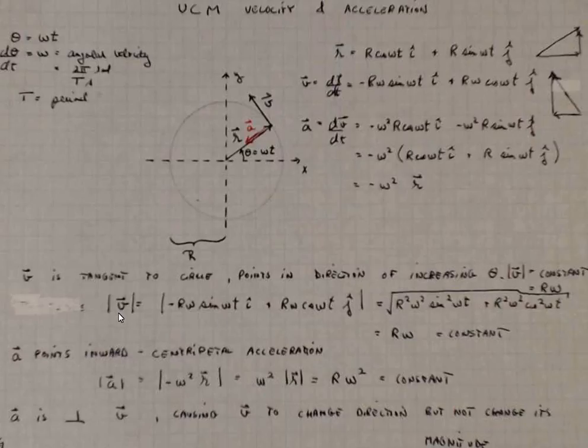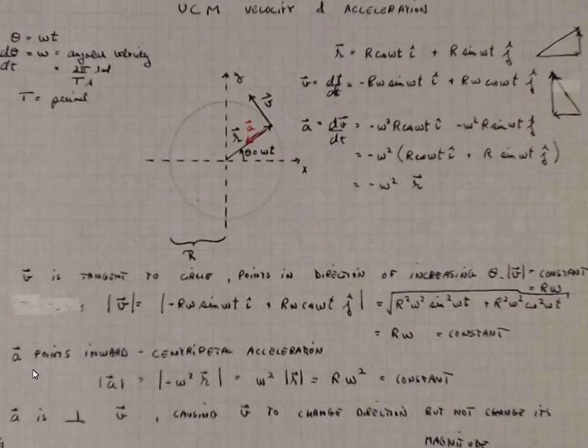The magnitude of v is the magnitude of this vector that we found up here, and Pythagoras tells us it's the square root of the sum of the squares of its x and y components. So r omega is equal to a constant, the constant speed of this particle moving around the circle.